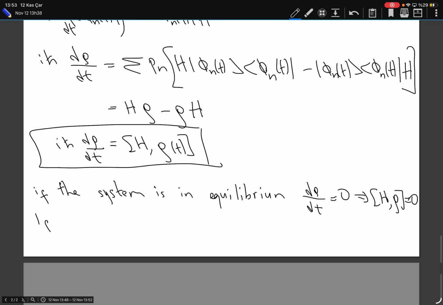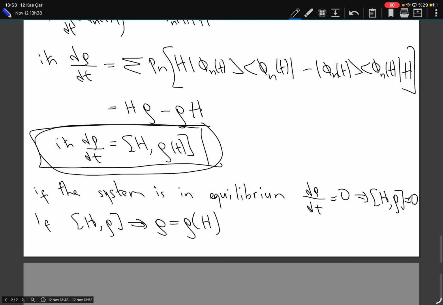But if H and rho commute, at least one way to satisfy this is if rho is actually a function of the Hamiltonian itself. So if you compare it with our Liouville theorem, in the Liouville theorem also we derived such an equation.